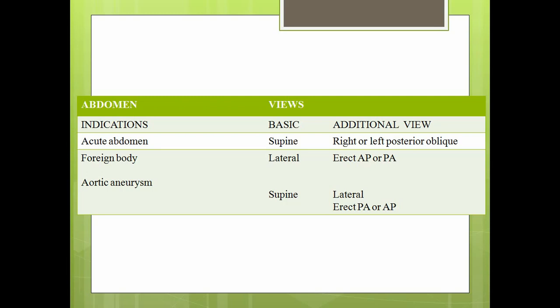Usually in supine you are able to see the foreign body, but you can't make out whether it is in the small intestine, large intestine, anteriorly or posteriorly. That's why lateral is very important. Then aortic aneurysm: usually supine radiography is more than enough. Sometimes calcification is required to be seen; in an aged patient the aortic wall will be calcified. At that time lateral is required.